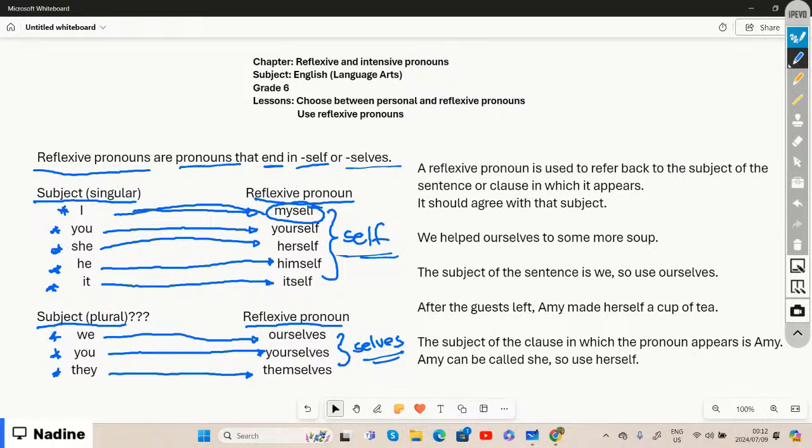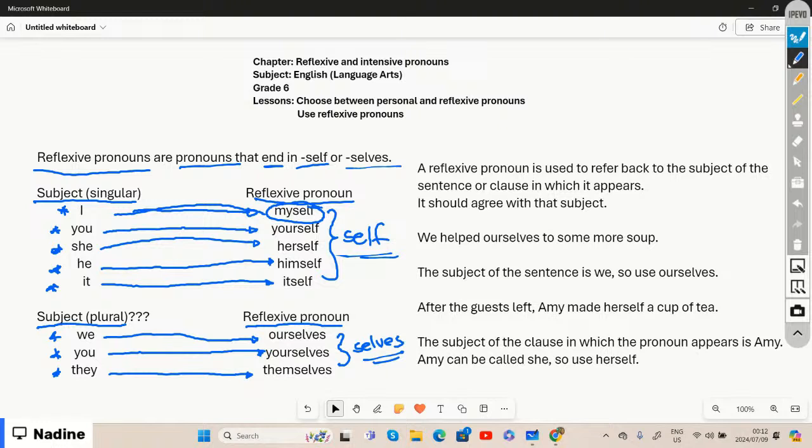If the reflexive pronoun is herself, then it needs to refer back to she. If the reflexive pronoun is himself, it needs to refer back to he. And if the reflexive pronoun is itself, it needs to refer back to it.